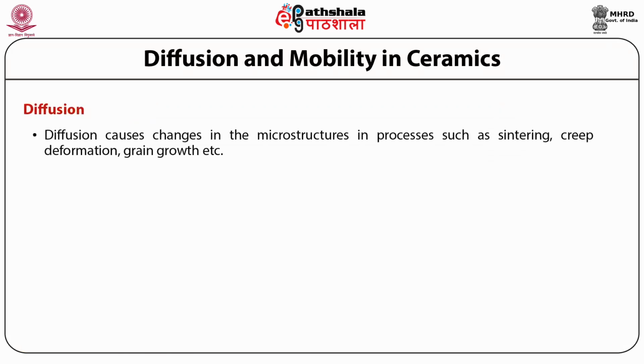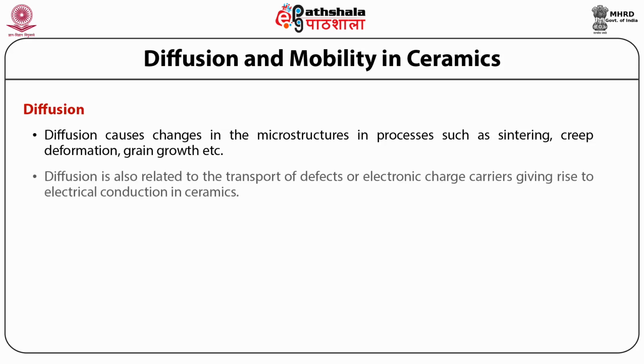Diffusion causes changes in the microstructures in processes such as sintering, creep deformation, grain growth, etc. Diffusion is also related to the transport of defects or electronic charge carriers, giving rise to electrical conduction in ceramics.